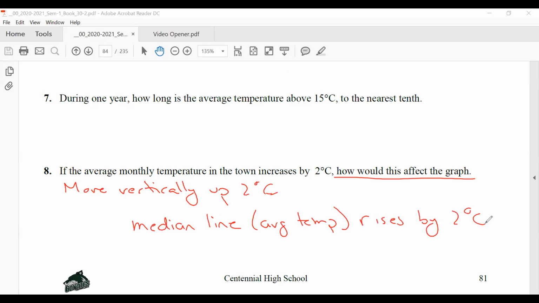Now, in class the other day, when we did our unit opener for this, we know that's going to change the d-value. The d-value increases by 2 degrees. Okay, nothing else is going to change. The amplitude won't change. Amplitude is how much we vary from the midline. That's not going to change.